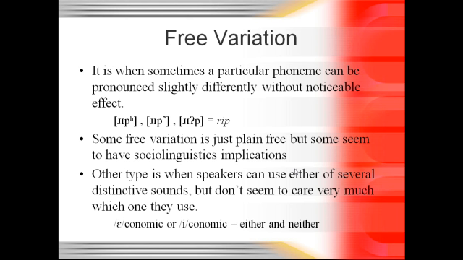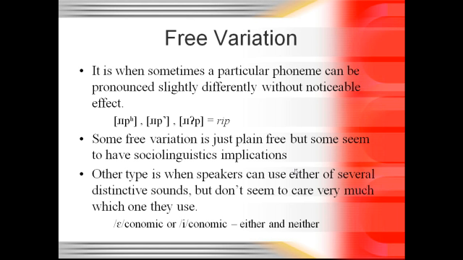It says here that some free variation is just plain free, but some seems to have sociolinguistic implications. Speakers can use either of several distinctive sounds, but don't seem to care very much which one they use.